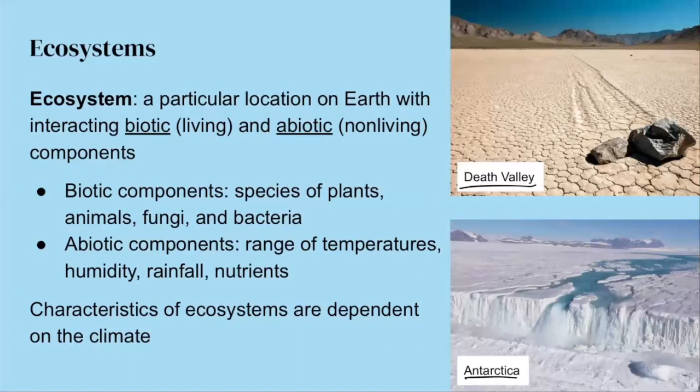There's not a lot of rainfall. So we have different organisms that are rather hardy, that don't require a lot of nutrients and can store water for a long time that can live in this area. In Antarctica, we have higher levels of precipitation and very cold temperatures. So we have to have living things that can withstand those really intense cold temperatures.